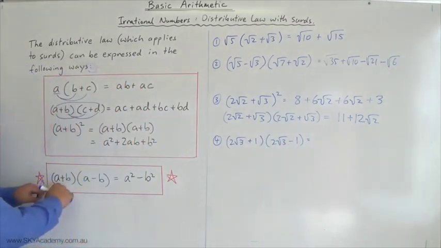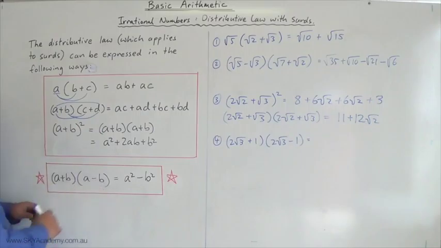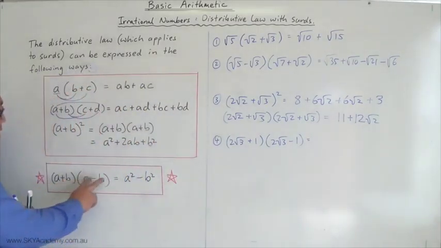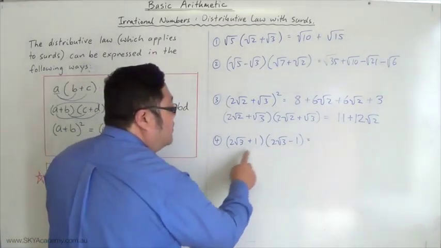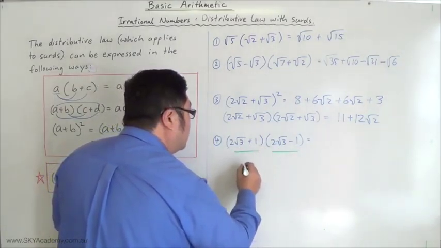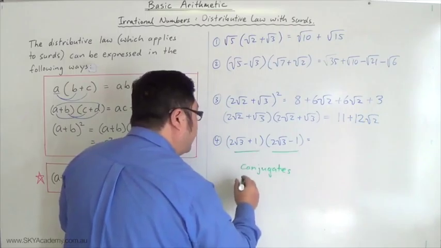So you've got a plus b times a minus b. And here's something I want you to note. When you've got that case, these two expressions are what we call conjugates of one another.